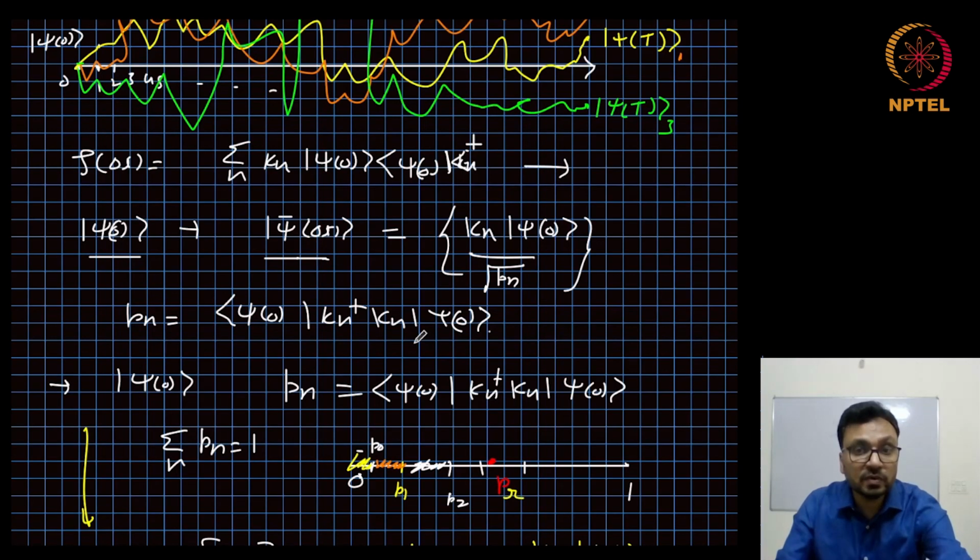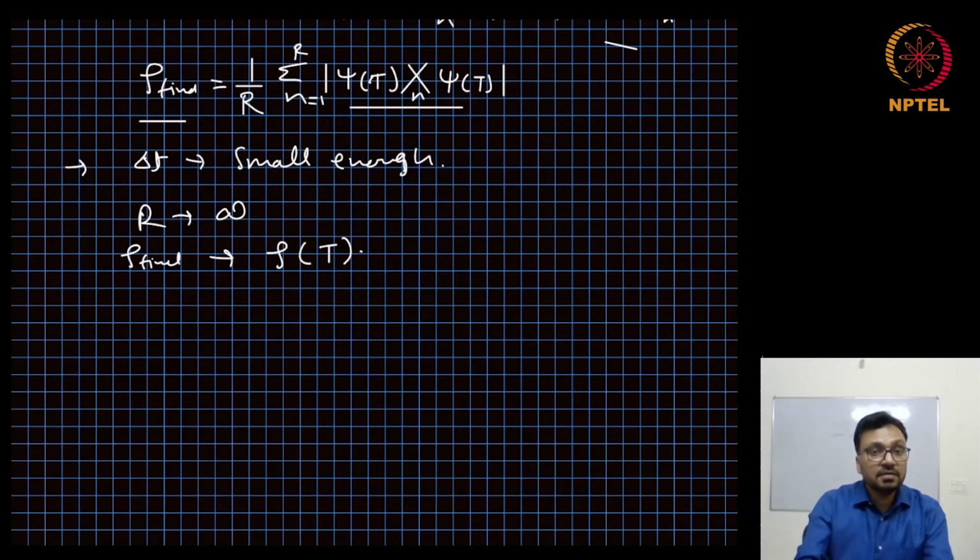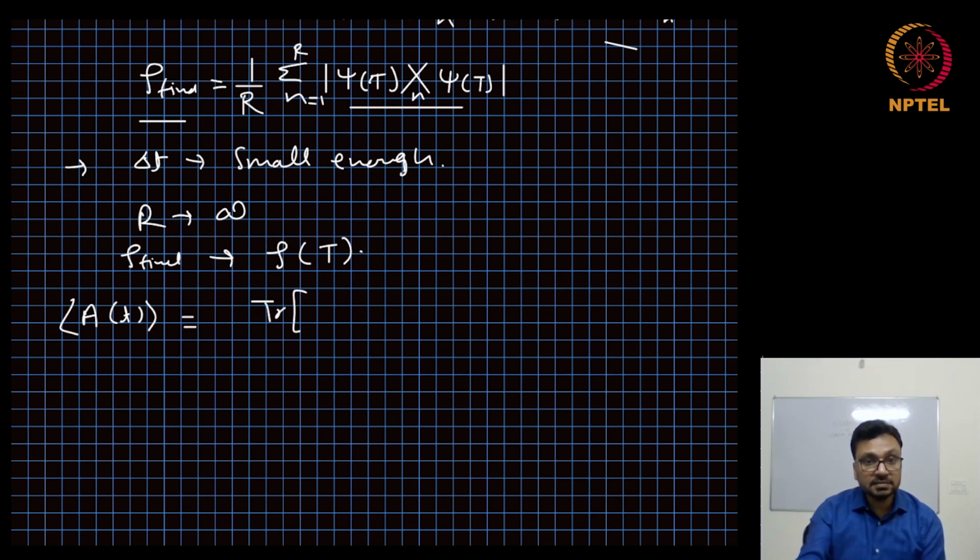And if we want to calculate not the state but some other quantity, like the average or expectation value of some operator, let us say we want to calculate the expectation value of operator a at time t, then the expression for it is the trace of a times rho of t. In our quantum trajectory method, it will be 1 over r, sum over n from 1 to r, of the trace of a times the projector on psi at time t in the nth attempt.